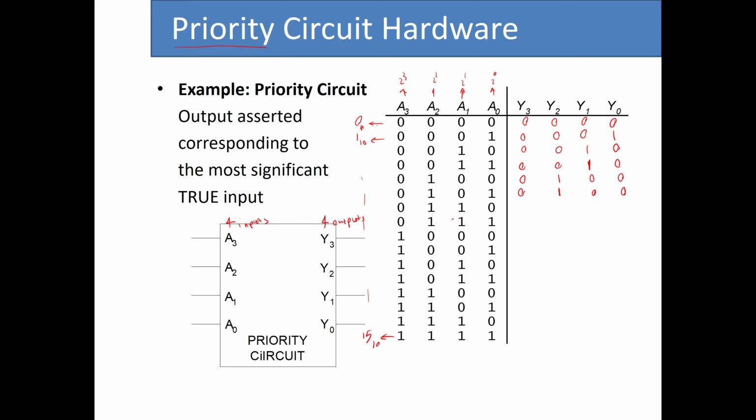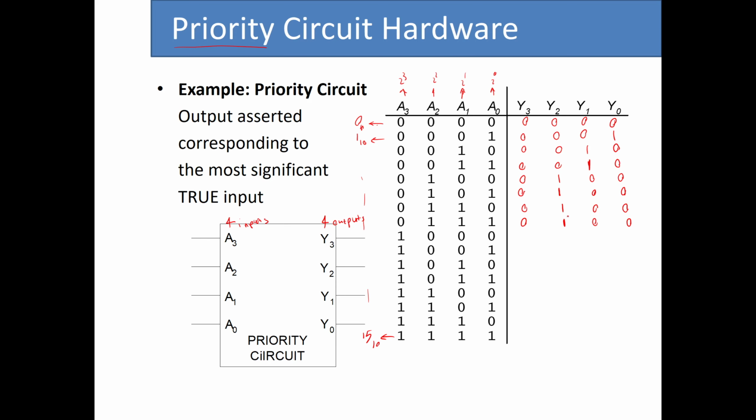Between A2 and A1, A2 has higher priority, so the bit associated with that is going to be 1. That is true for the next row as well. Between these three, A2 has the highest priority or the highest weight. So Y2 is going to be 1 and the rest are going to be 0.